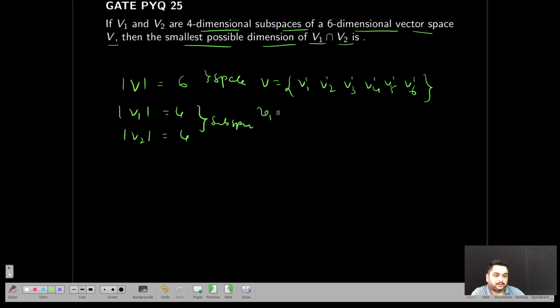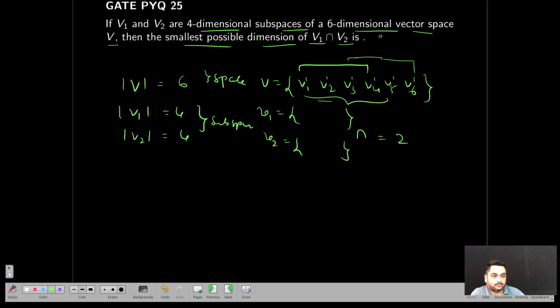Now V1 should be 4. I have to choose 4 among them. V2 I have to choose 4 among them. You choose first 4. Then V2 will be some other 4. At any point of time, 2 vectors from this will be the same. That is intersection is equal to 2. Dimension 2. So answer is 2.